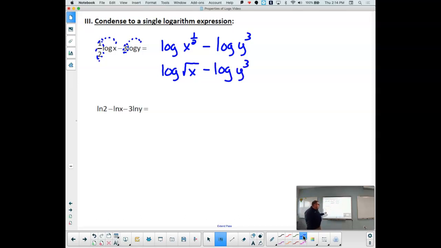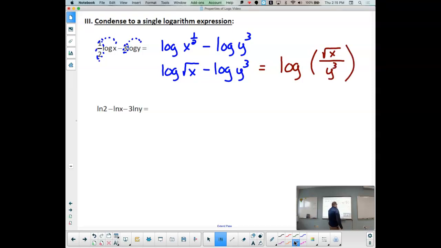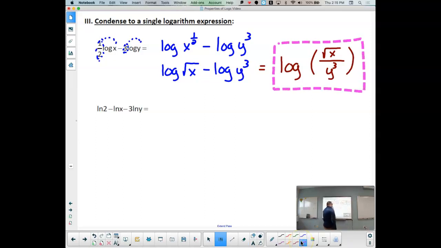Subtraction is quotient. So this would just be the log of the quantity, the square root of x divided by y cubed. Make it look nice and pretty. Boy, that looks better. And I've got it down now to one single solitary log. Okay.